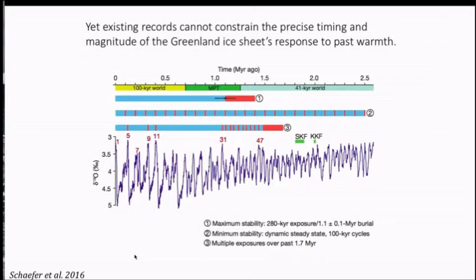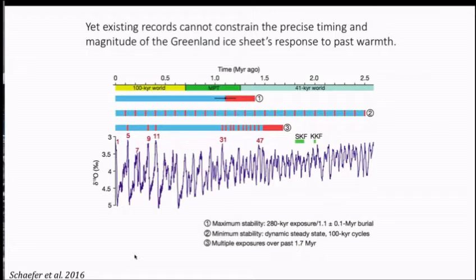This global benthic stack is a measurement of oxygen isotopes made on deep sea benthic foraminifera, an organism that lives on the seafloor, and they record the oxygen isotope composition of seawater in their shells. So this record can be thought of as an integrated record of global climate over the last 2.5 million years.